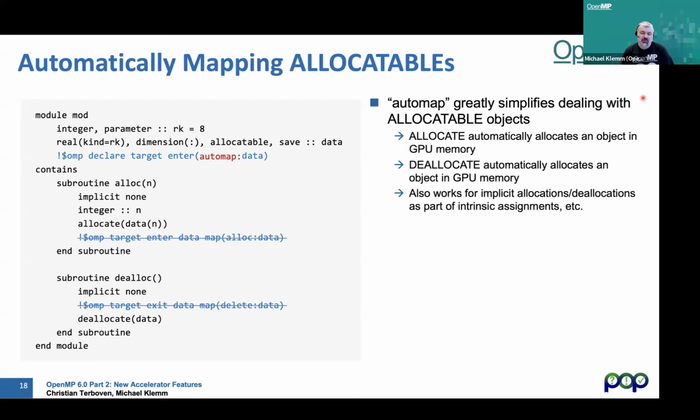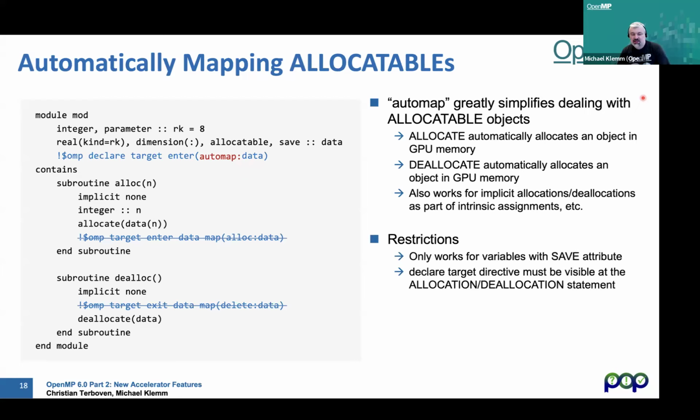And what it does is, if you have an allocate statement, the underlying OpenMP implementation is supposed to allocate an object in GPU memory. If you do the corresponding deallocate, it's going to do the deallocation in the GPU memory. And this also works for all the implicit allocations and deallocations that may happen in Fortran. Click once more. The restriction is that it only works for variables with save attributes.